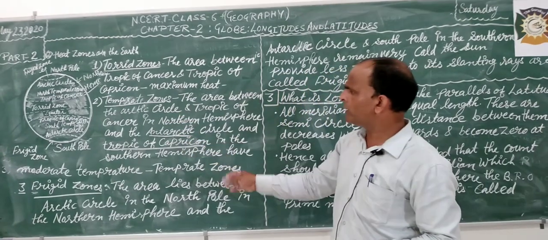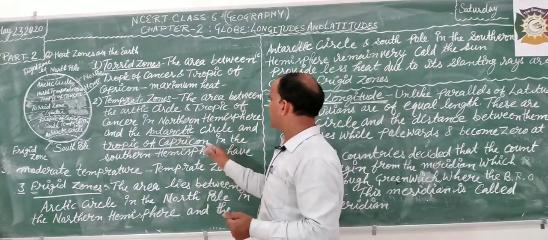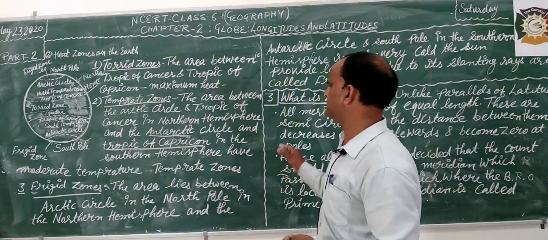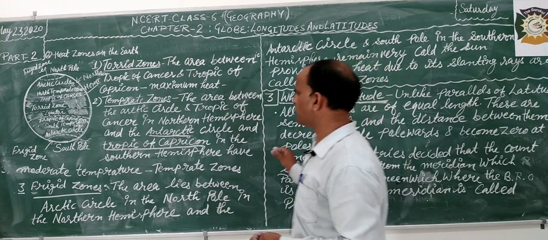The area between the Tropic of Capricorn and the Antarctic Circle is called the South Temperate Zone.